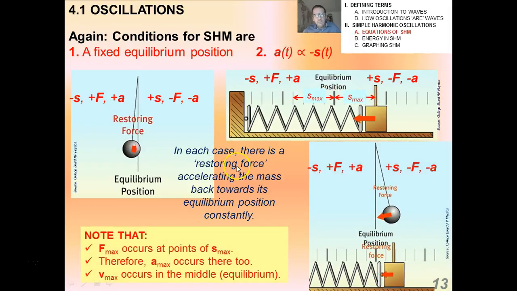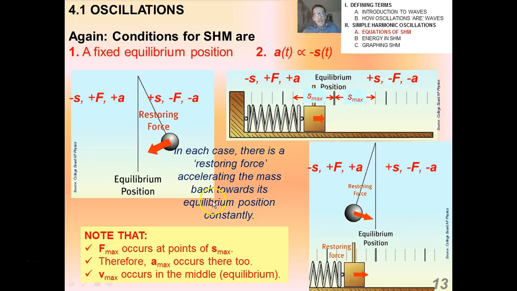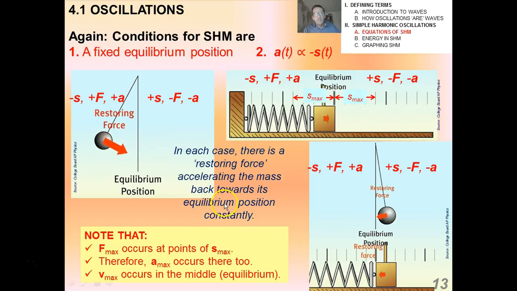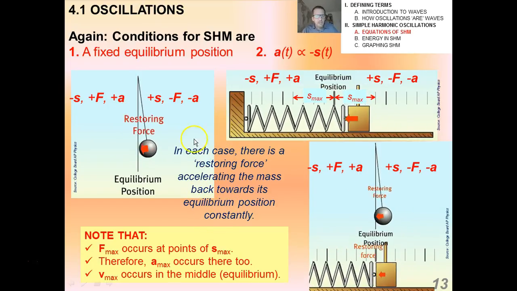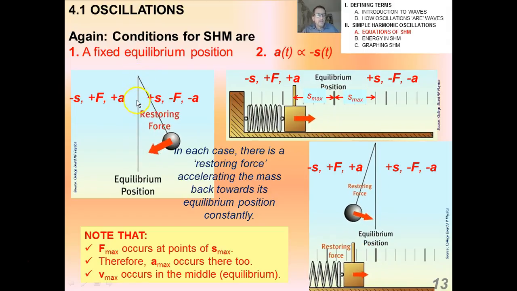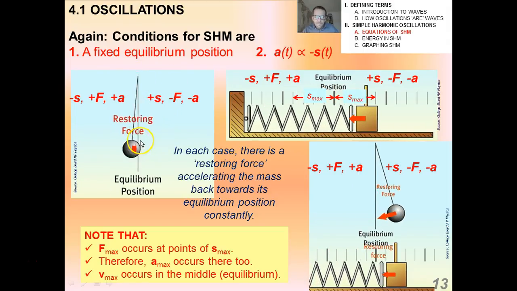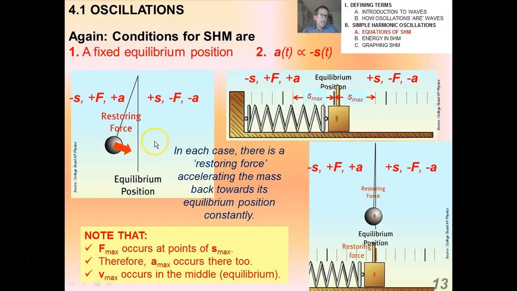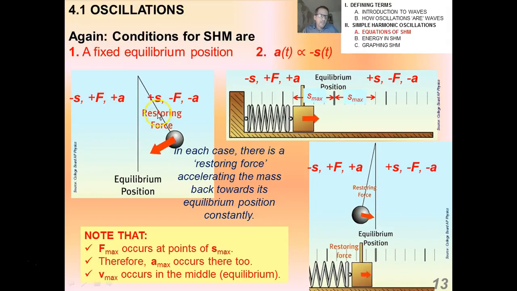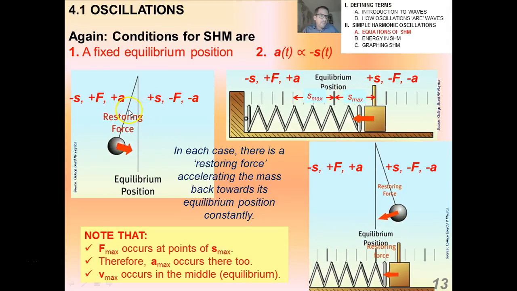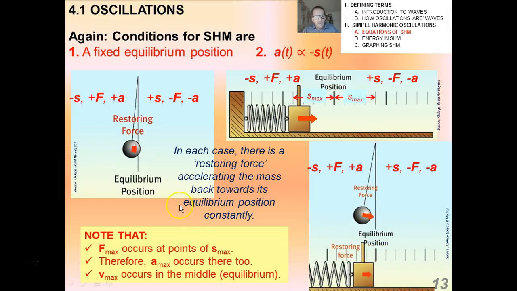In each case, there's a restoring force accelerating the mass back towards its equilibrium position constantly. Now, I should point out quickly that the pendulum is slightly more complicated because, as you know, there's a centripetal force acting upwards, manifesting itself as tension in the string, but we're not going to talk about that right now, okay?